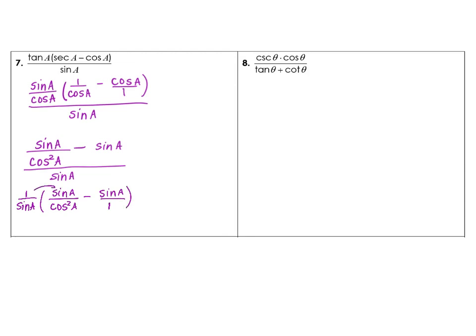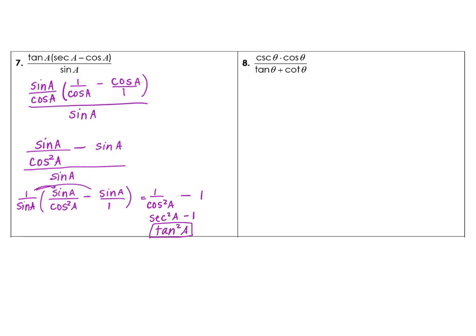And when we distribute this, notice that we end up with 1 over cosine squared A minus, and over here we're going to have 1. So this ends up being secant squared A minus 1, which is one of our Pythagorean identities. And this simplifies down to be tangent squared A. So that one worked out to be pretty neat.